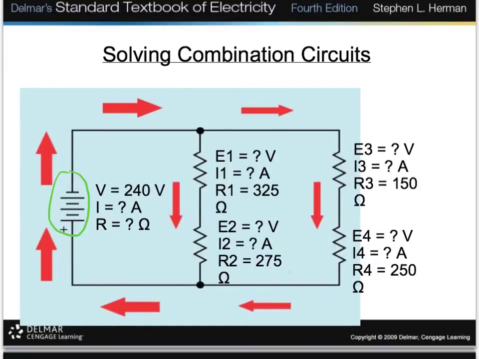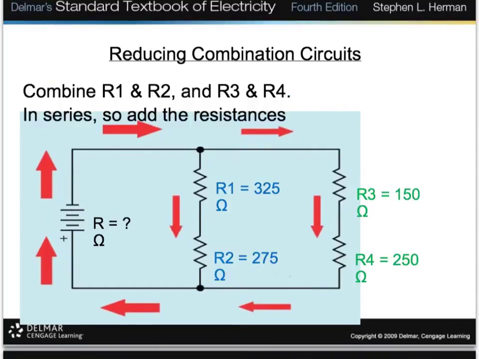So when you're looking at this, you kind of ask yourself, okay, is there anything that's obviously series or obviously in parallel? When we look at this circuit, we see that R1 and R2 are in series. The current has to go through these two. When it goes here, here's our node. Now it has a choice.